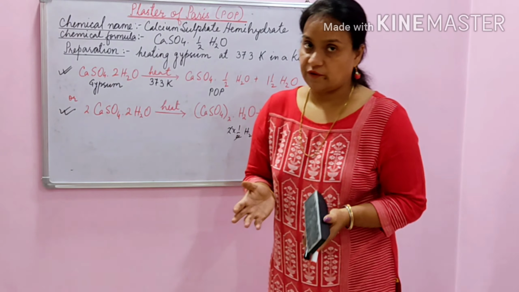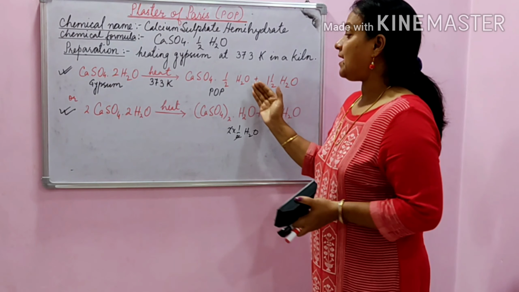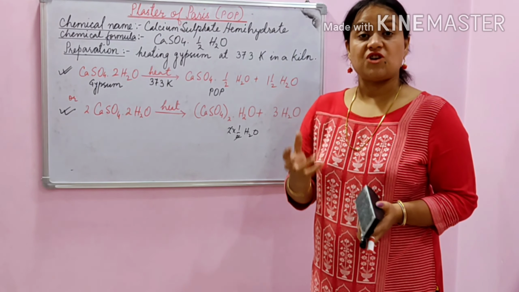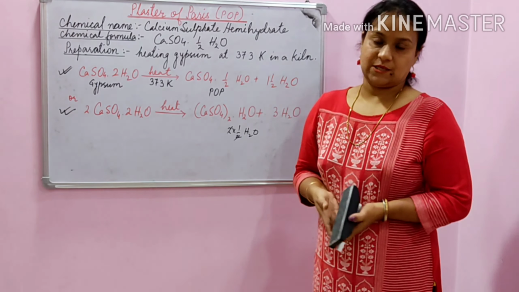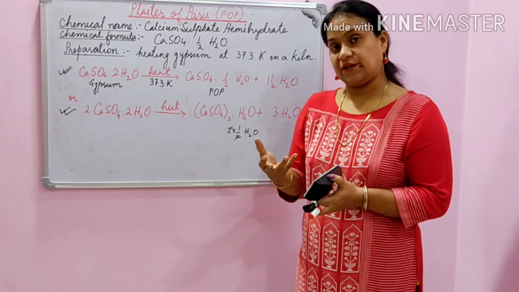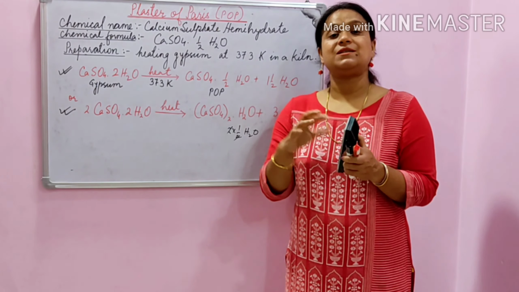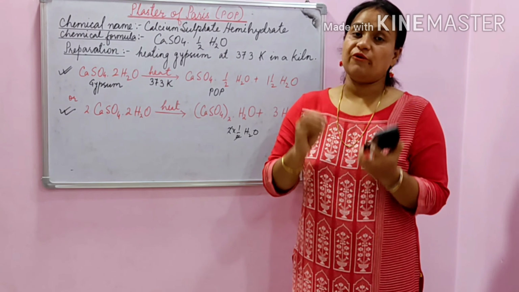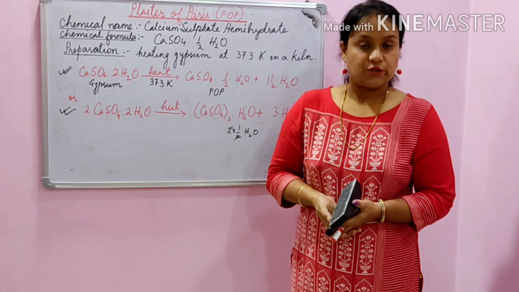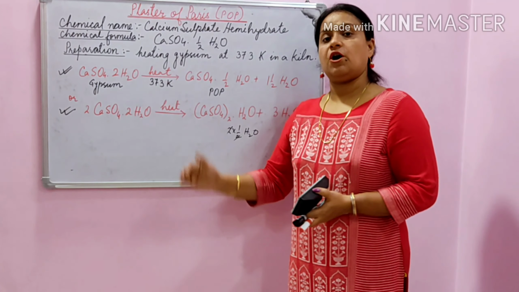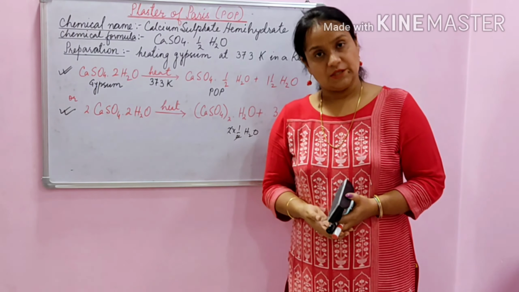All the molecules of water of crystallization are lost and it doesn't become plaster of Paris, but it becomes dry, dead plaster. And this dry dead plaster doesn't have the characteristic features of POP, means it doesn't bind and it will be of no use for us. So remember, this temperature is very essential for production of plaster of Paris from gypsum.